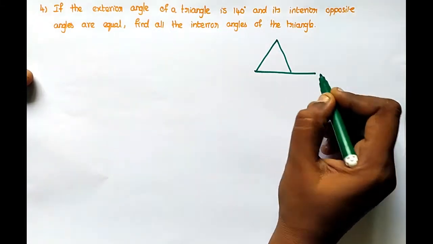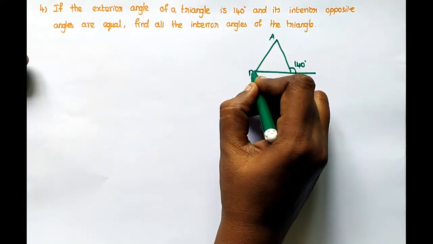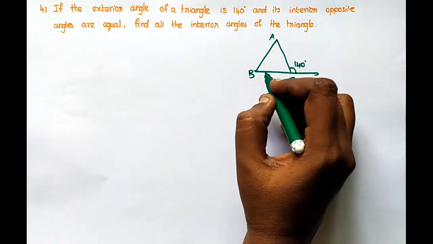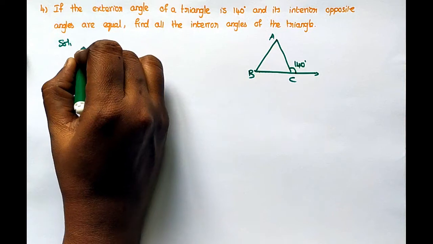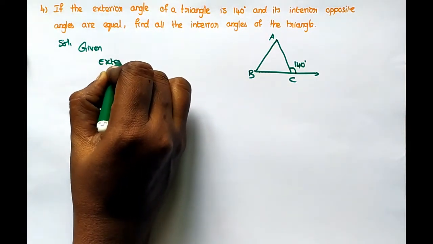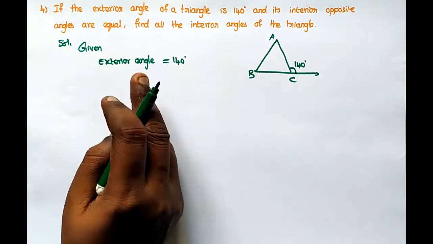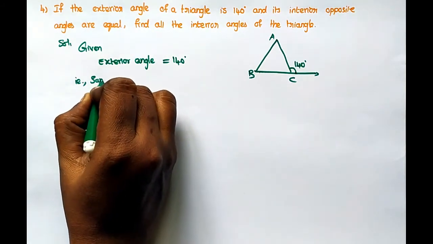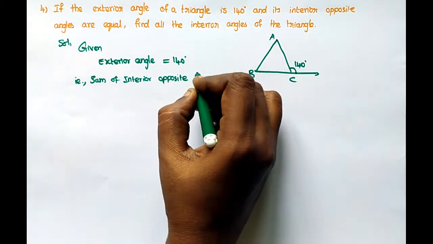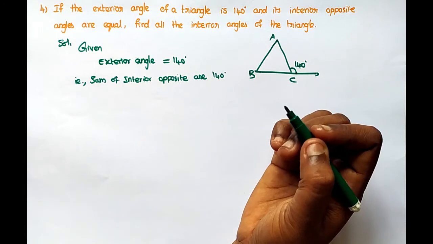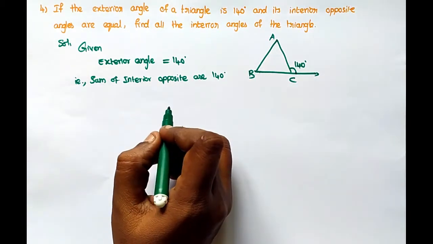Given exterior angle equal to 140 degrees. Exterior angle means the sum of the interior opposite angles is 140 degrees.